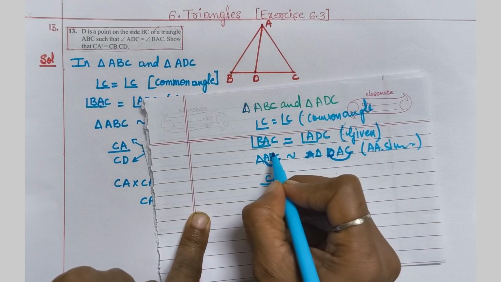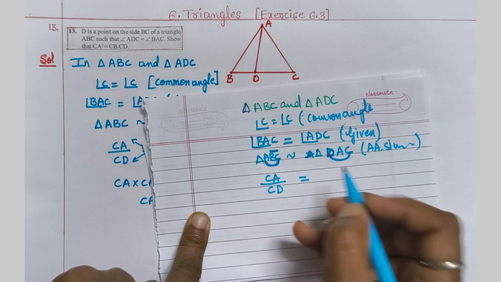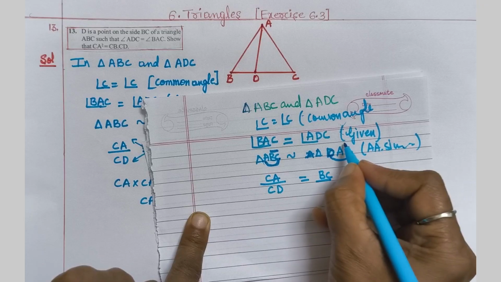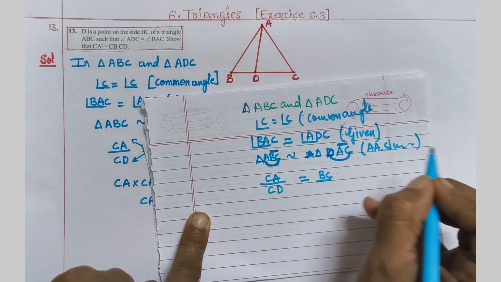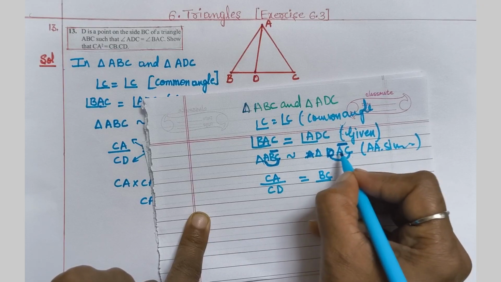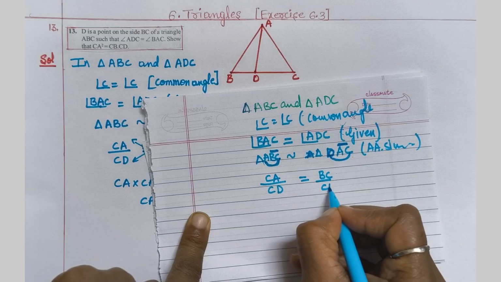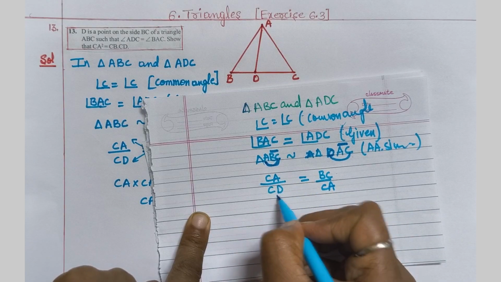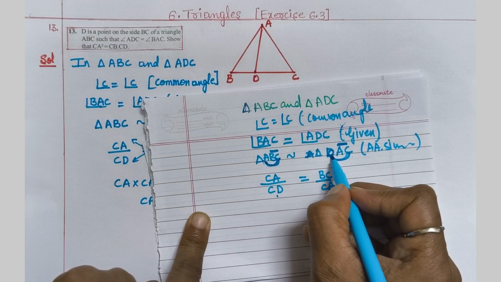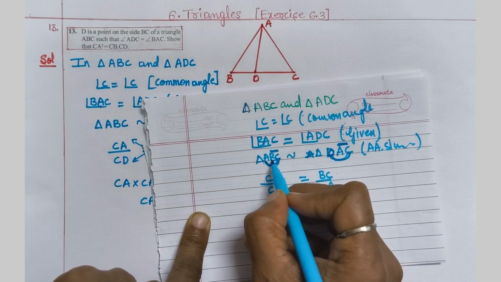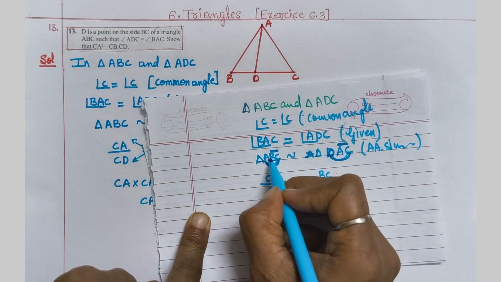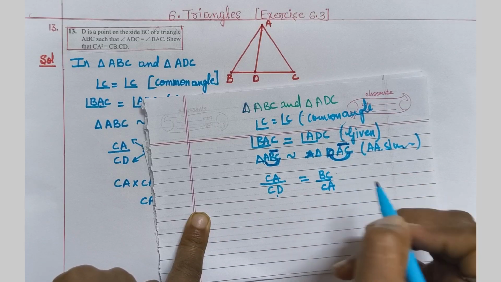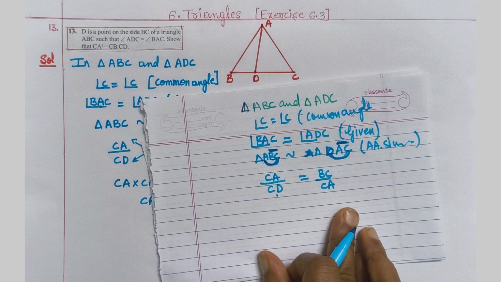AB we don't need, so we will not take it. BC is proportional to AC or CA, either one you can write. So CA by CD, and next BC by CA. In this one AB we don't need. First take BC, next AC or CA, either one. So these two sides we are taking proportional.